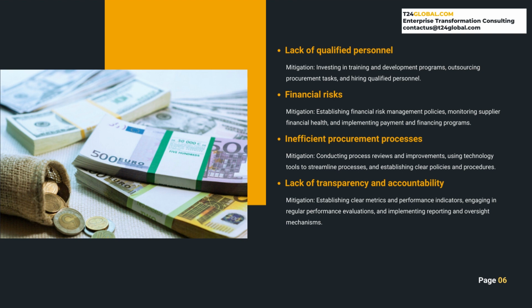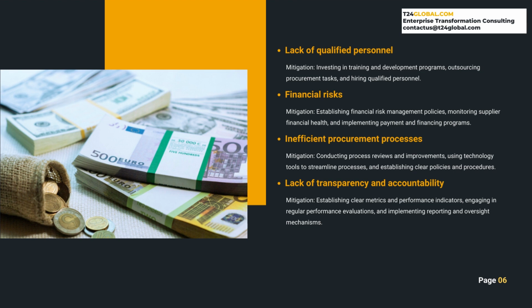Inefficient procurement processes. Inefficient procurement processes can lead to operational inefficiencies and increased costs. To mitigate such risks, organizations need to conduct process reviews and improvements, use technology tools to streamline processes, and establish clear policies and procedures.